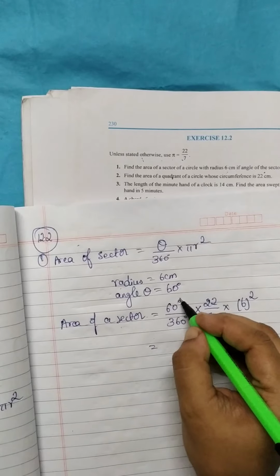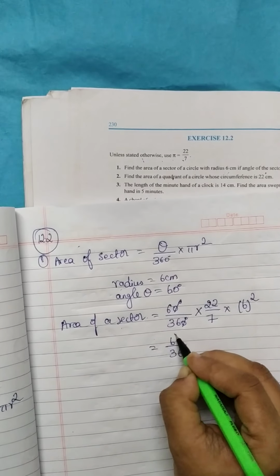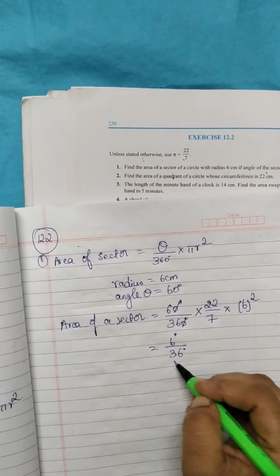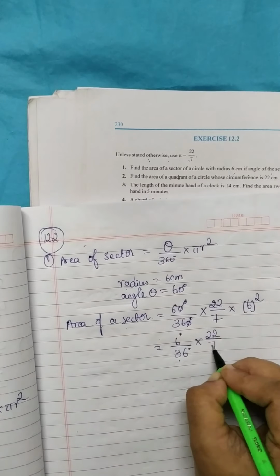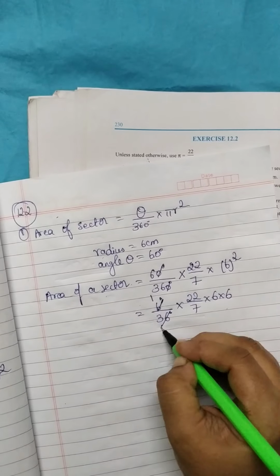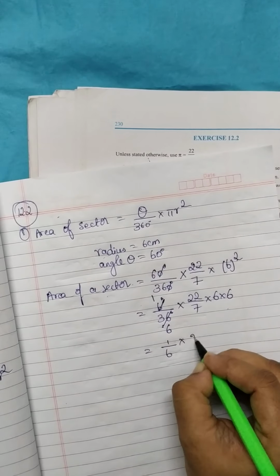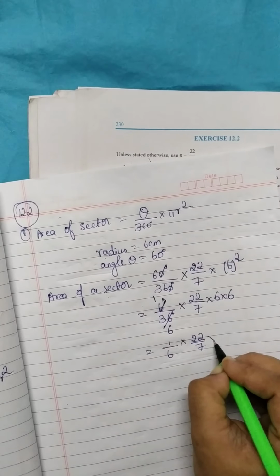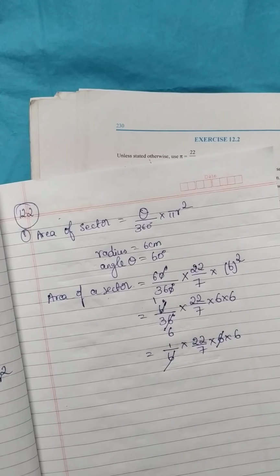So you can cancel the zeros. 6 by 36 into 22 by 7 into 6 into 6, because 2 times you have to multiply. So 1 by 6 into 22 by 7 into 6 into 6. You can cancel another 6.